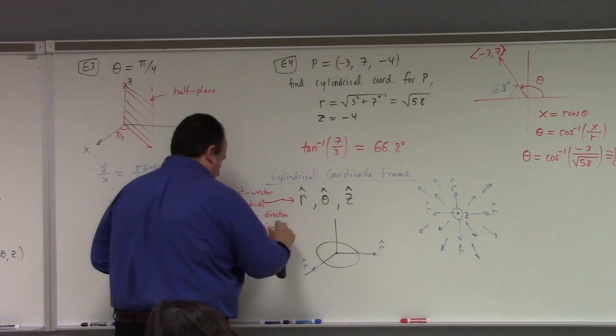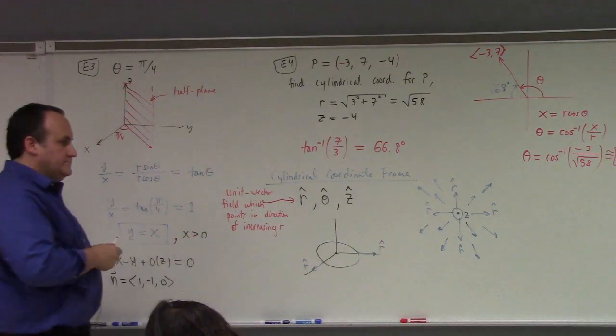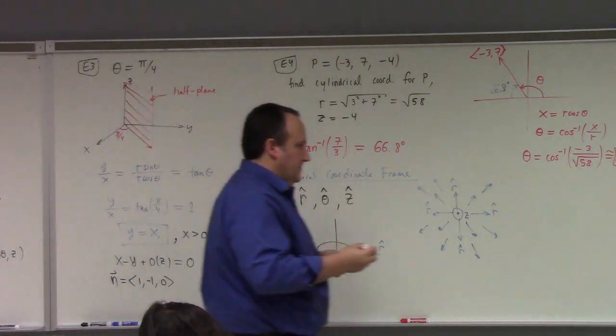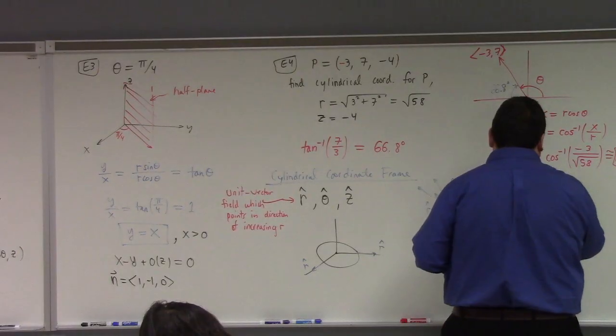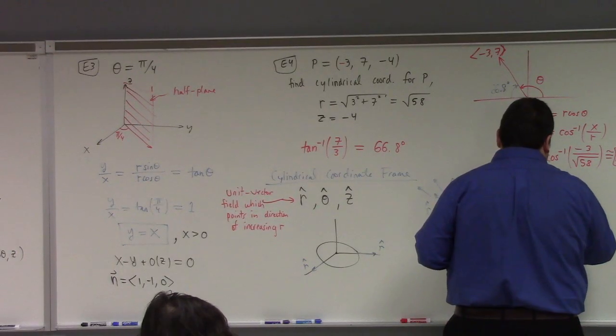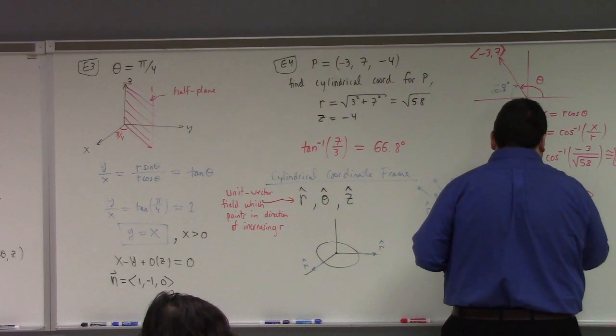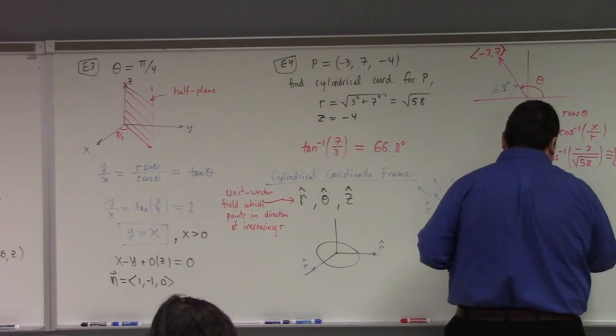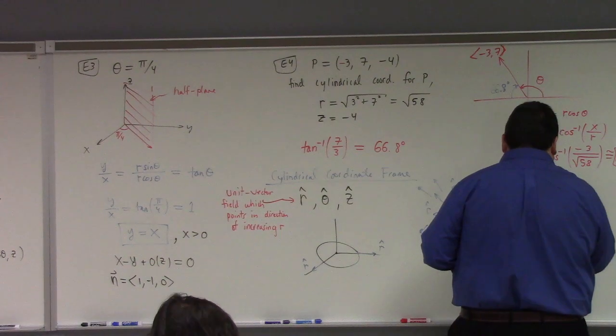Now, if we go back to our experience last week, we talked about x hat, y hat, z hat, right? And if you think about it, x hat is 1, 0, 0, y hat is 0, 1, 0, z hat is 0, 0, 1. What are these?